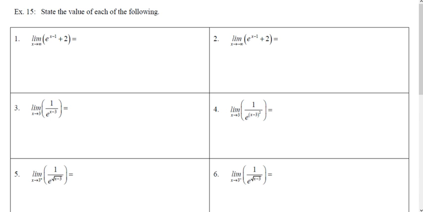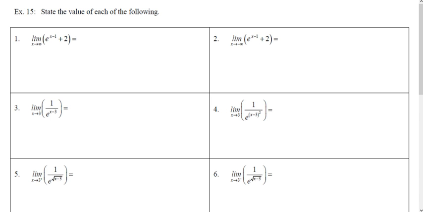Okay, so we do this the same way we did the earlier one, thinking about what's happening. This time we're not going to let t equal this or anything. We're just going to think about it. So x goes to infinity. We subtract 1 from that, so we're raising e to the power of 1 less than some concept, which isn't a number. This is a really big number, but then we add 2 to it.